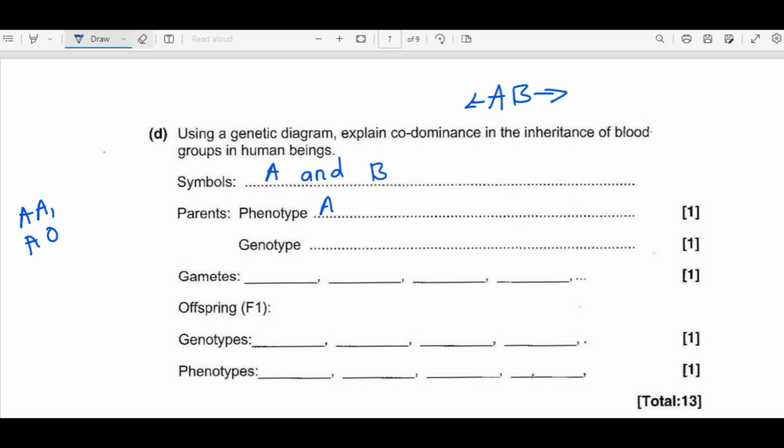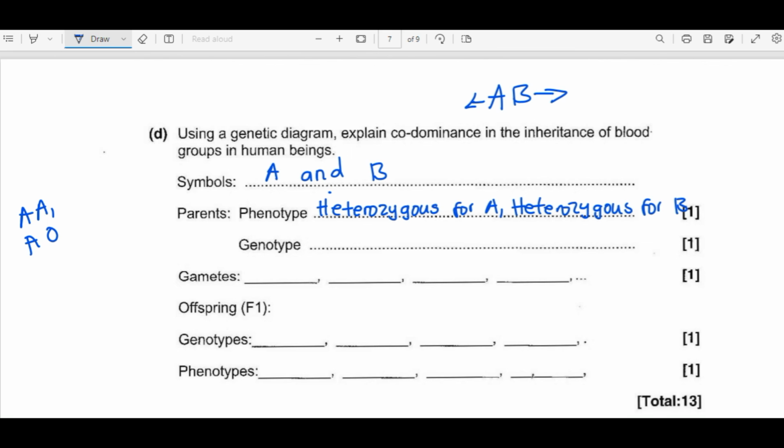For AO, we are going to say heterozygous for A. For B, let's also use heterozygous for B. Whenever we use the word heterozygous, it means we are going to have B and O, A and O. But if the case is homozygous, you use AA. AA is homozygous, BB is also homozygous.